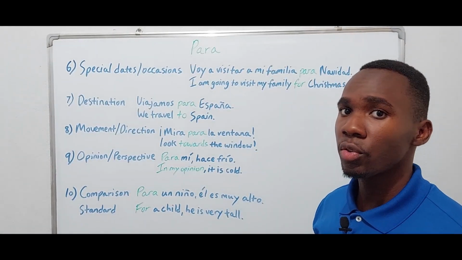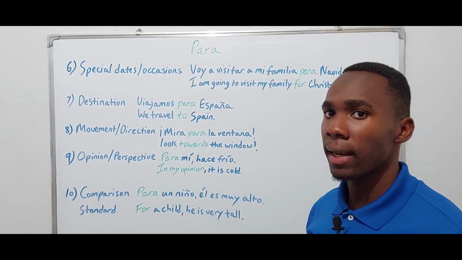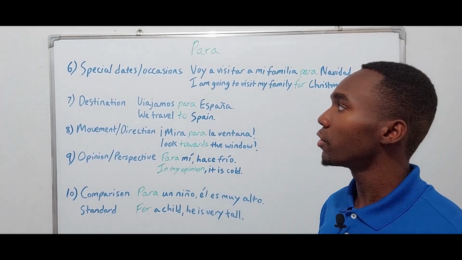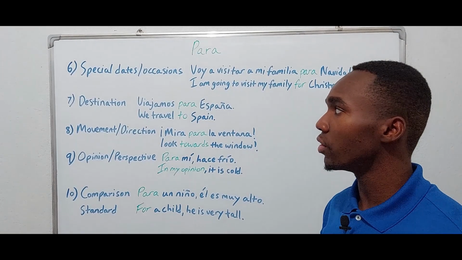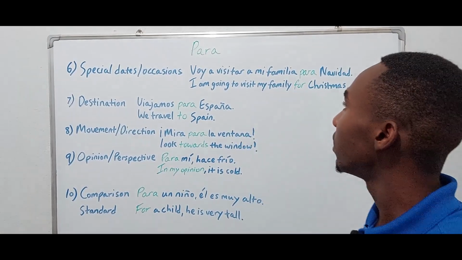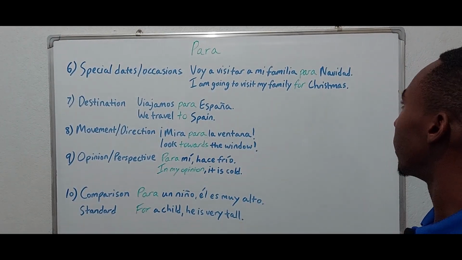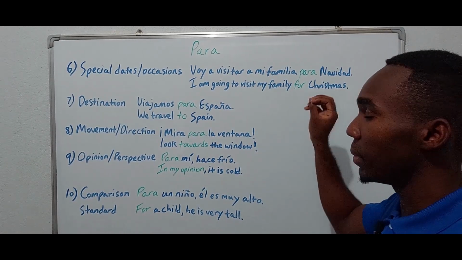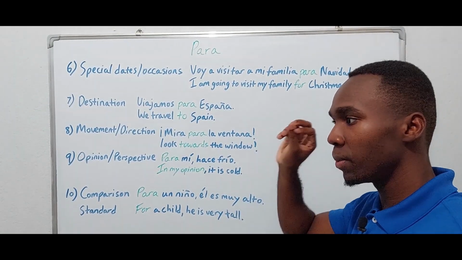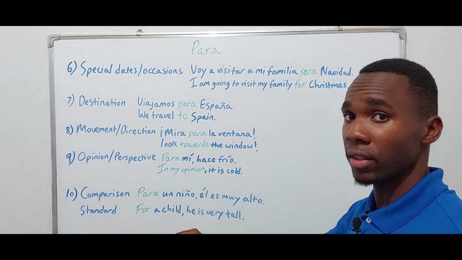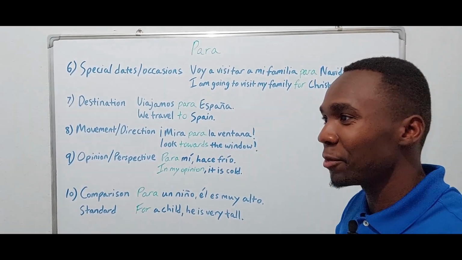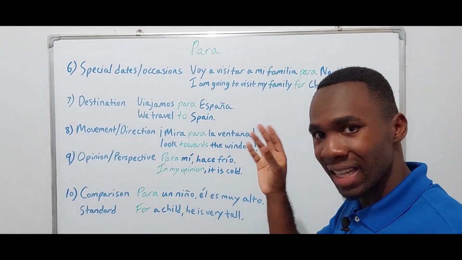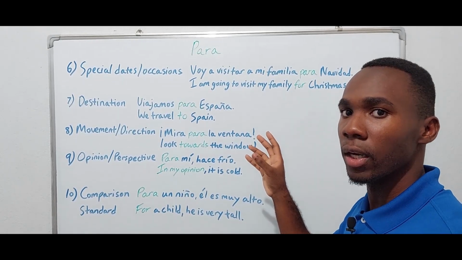Okay, so we move on to the final uses of para. Number 6, special dates or occasions. So, "voy a visitar a mi familia para Navidad." So this means that Navidad, Christmas, is going to be a specific time that I'm going to visit. Not a few days before, not a few days after, but that specific time, right?